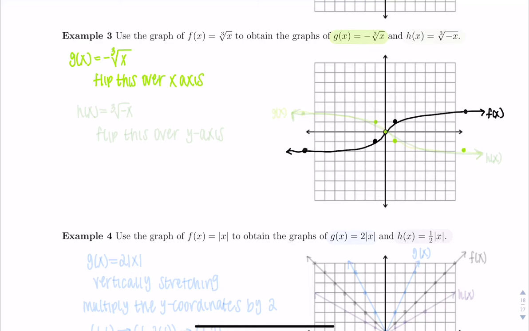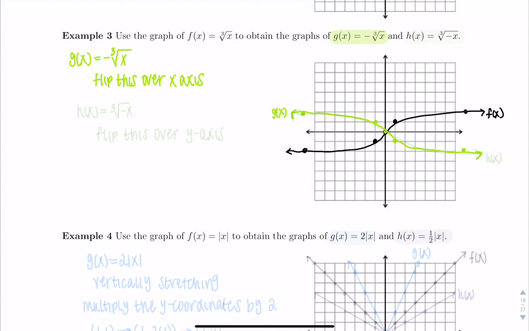And negative 8, negative 2 now becomes negative 8, positive 2. So that's g of x.